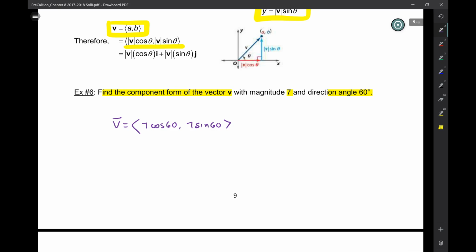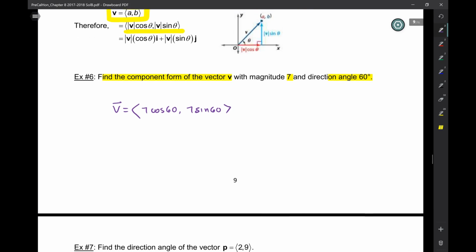So what is the cosine of 60? Are you guys sure? Yeah. I'm sure too. 7 over 2. And what's sine of 60? It's root 3 over 2, right? So it's 7 root 3 over 2. And in decimals, how much would that be? 3.5 and 6.6.